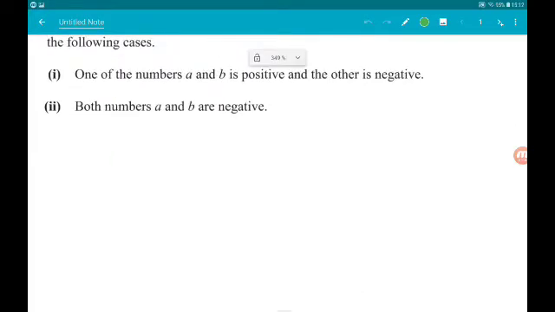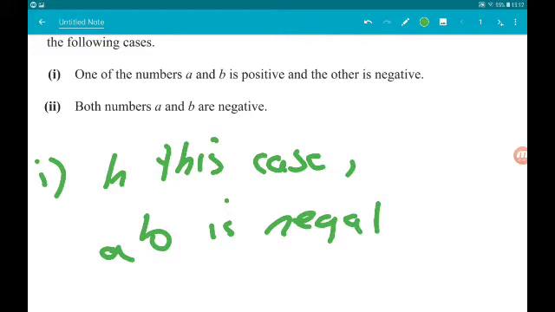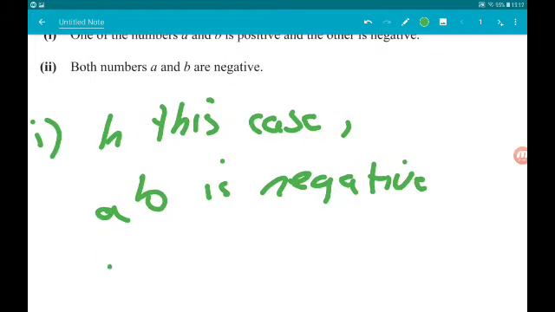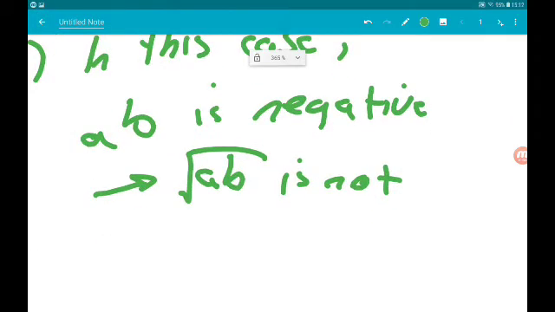So, in part 1, in this case, a times b is negative, and so root ab is not a real number.